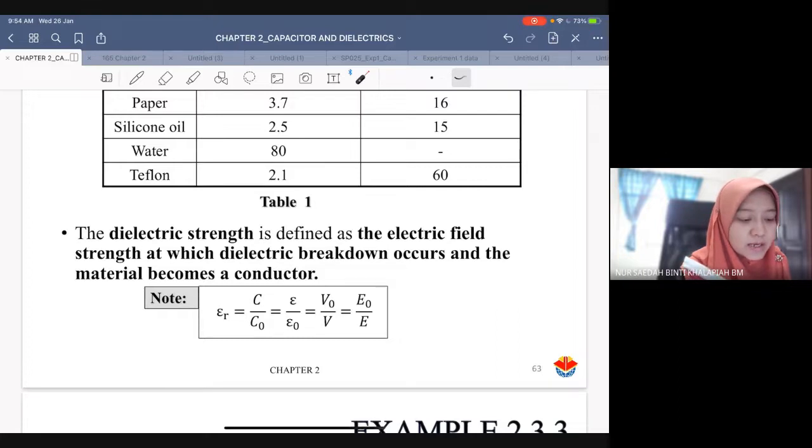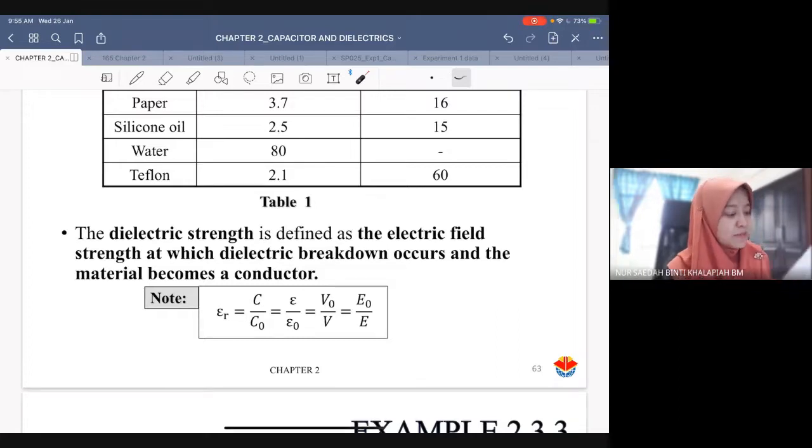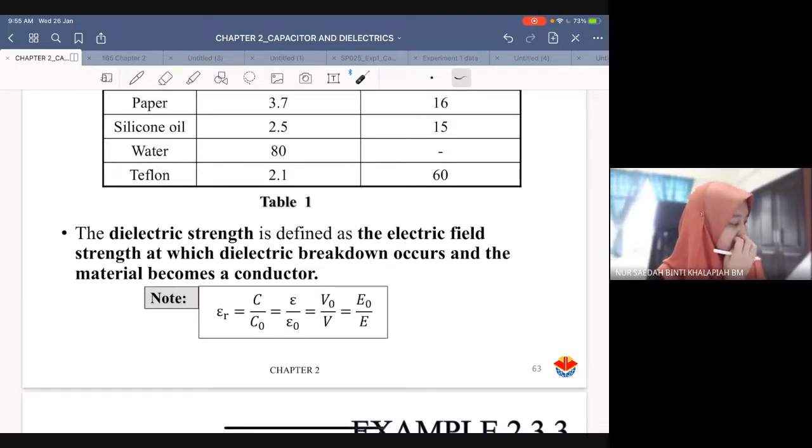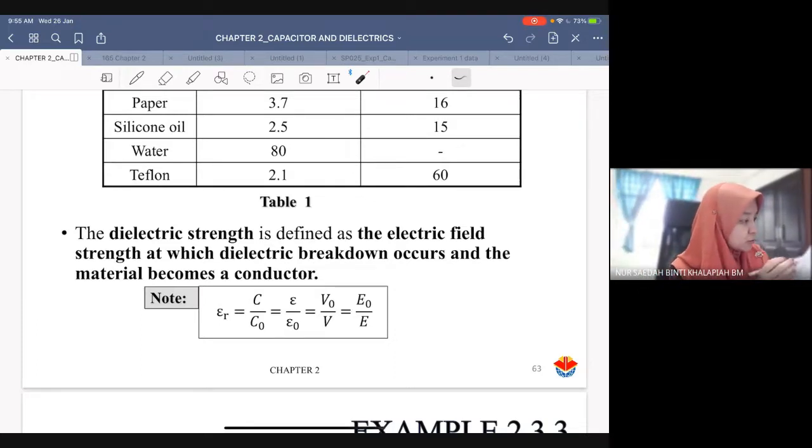So kalau korang buat dekat space yang kosong, dekat antara 17, 18, 19. Sebenarnya 17 dia dah bagi kan. ER sama dengan E bahagi E naught kan. Nombor 17 tu dia ada bagi sebenarnya. Sebenarnya dia bagi juga dekat nombor 19 kan. 19 kalau kita jadikan ER as a subject, so kita akan dapat C bahagi C naught.